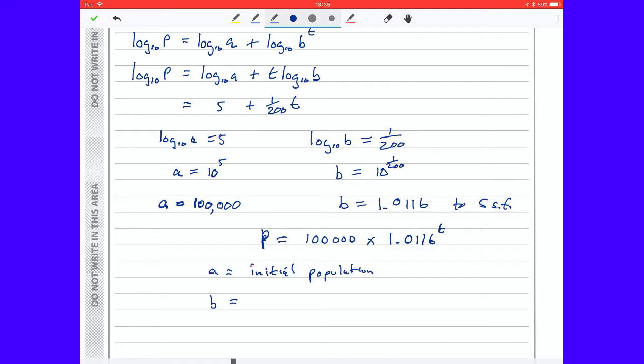So B is the number by which the population is multiplied each year.